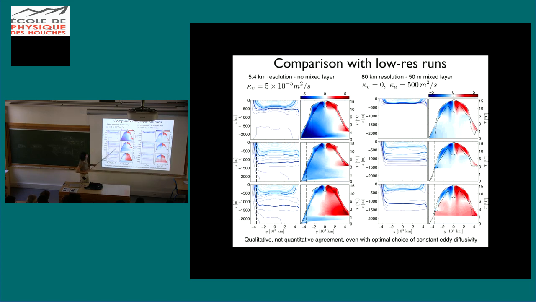And here is where you have a channel, but the temperature or buoyancy in the northern hemisphere is quite high, and so there's no shared buoyancy between the two regions.